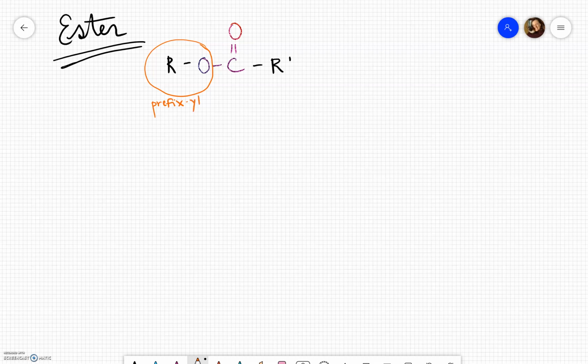So we'll be counting how many carbons we have and then saying yl, like methyl, ethyl, propyl, butyl, pentyl, hexyl, so on and so forth. And then the R prime is coming from this part total.